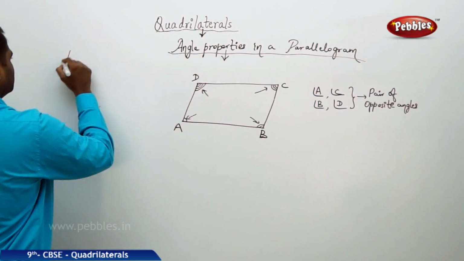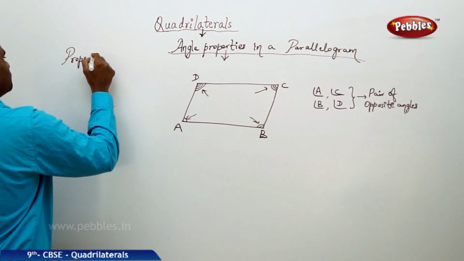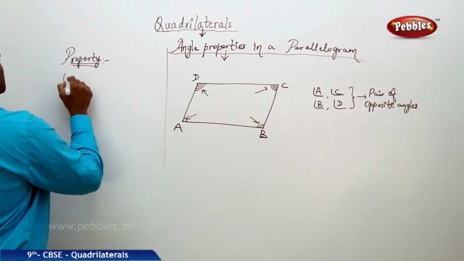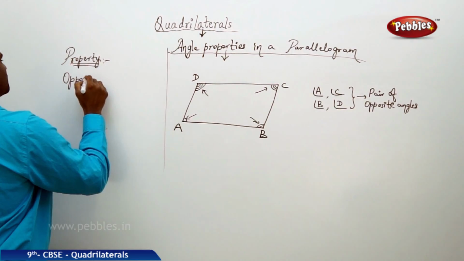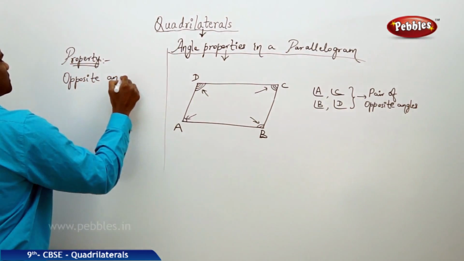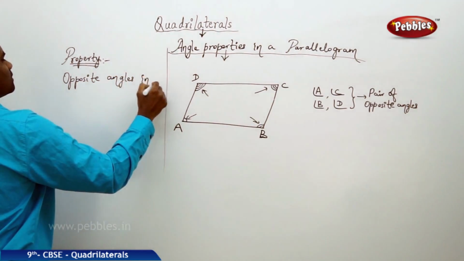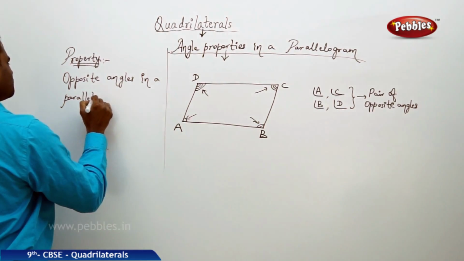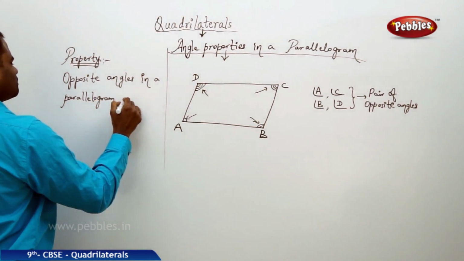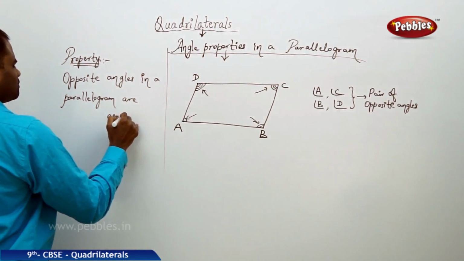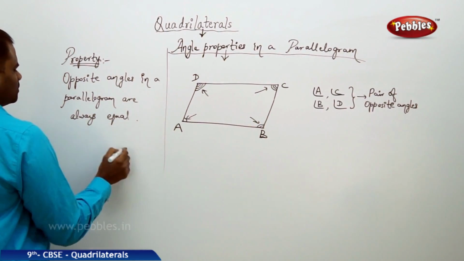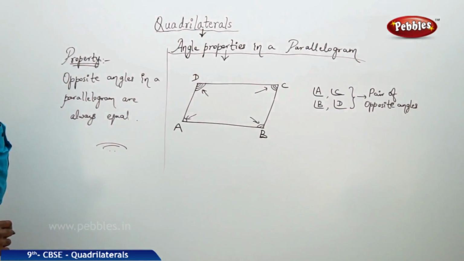So the property here says that opposite angles in a parallelogram are always equal.